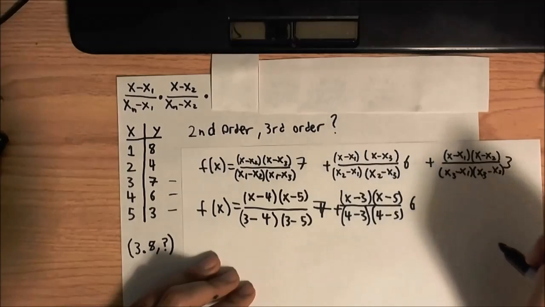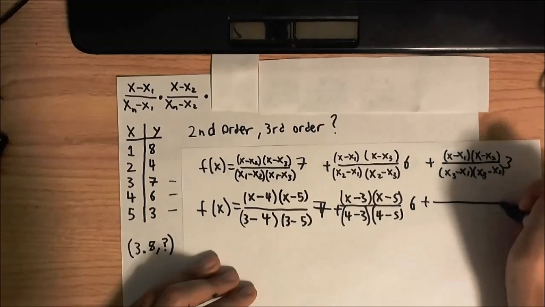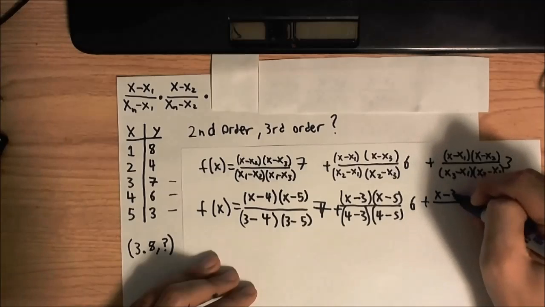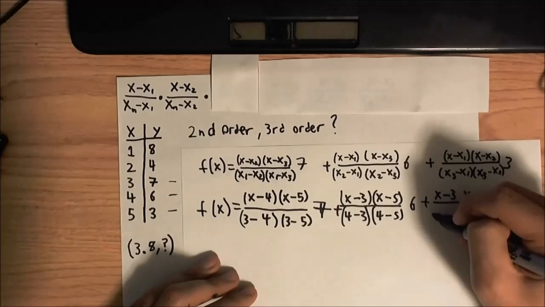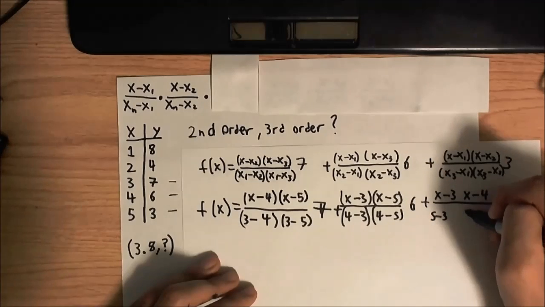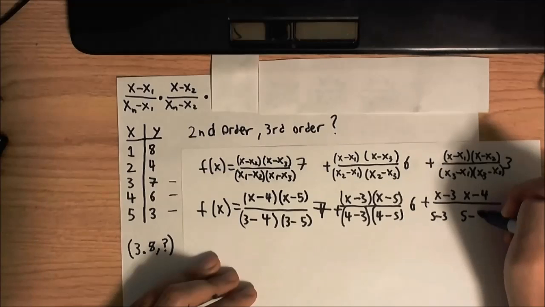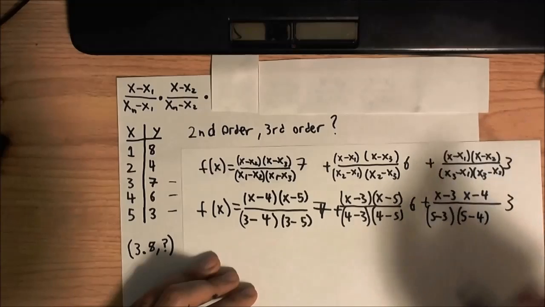I didn't mention that the first time, but you need to remember to do that. The next term will be (x minus 3) times (x minus 4) over (5 minus 3) times (5 minus 4), again multiplied by the function value.